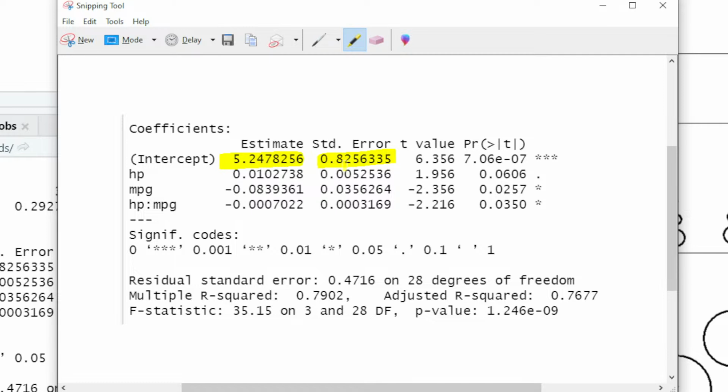SE, but what does SE mean? The way SE goes is standard error is our amount of uncertainty in our estimate.